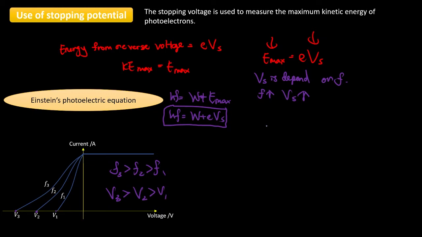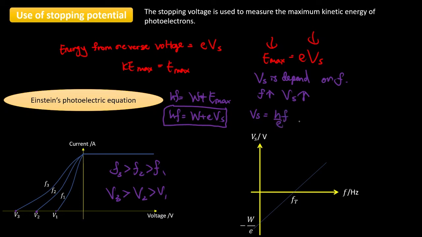Now let's rearrange Einstein's photoelectric equation in terms of Vs, so that we can analyze the Vs versus f graph. The equation becomes Vs equals hf over e minus W over e.